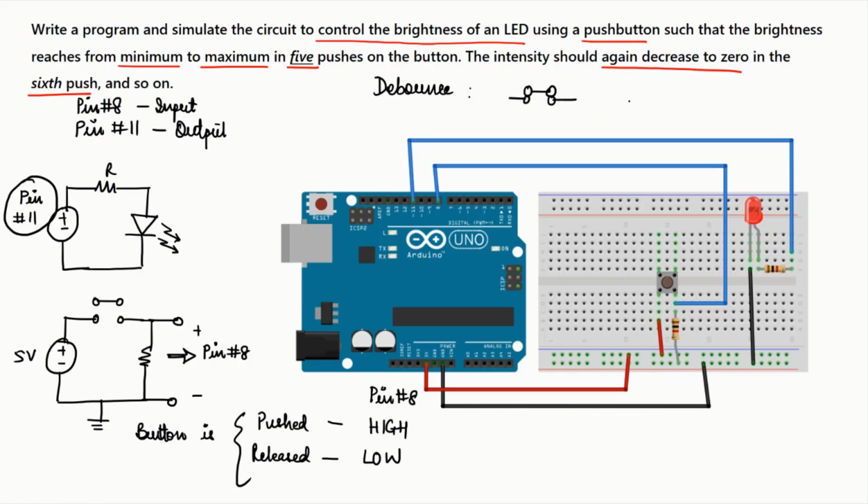But in a physical device, oftentimes the contact may be made, then for a fraction of a second it may be broken, then it may be made again, because you are physically pressing this switch.